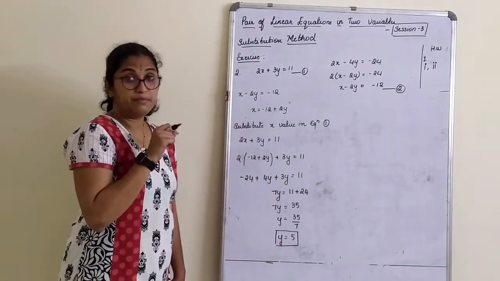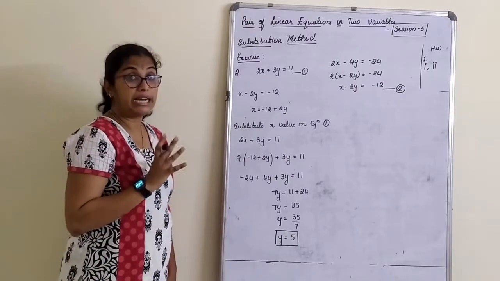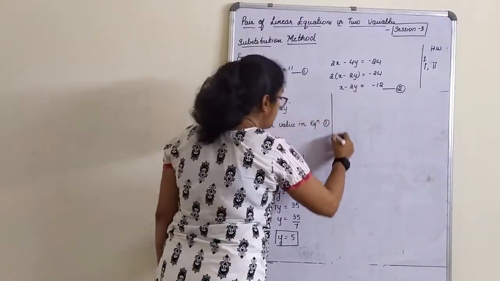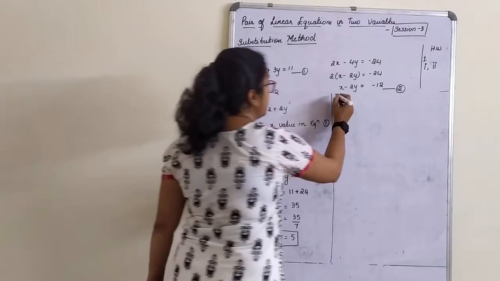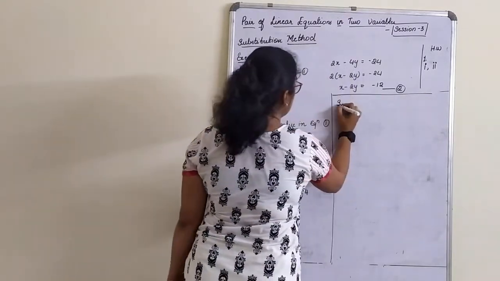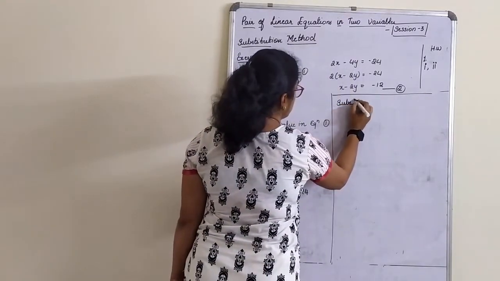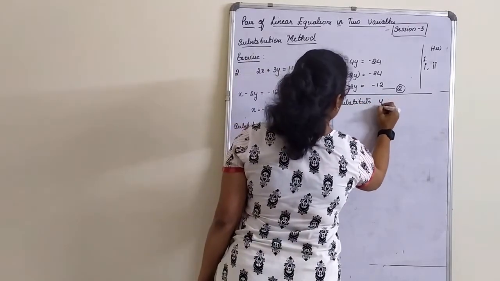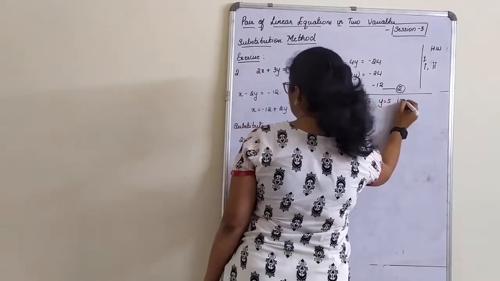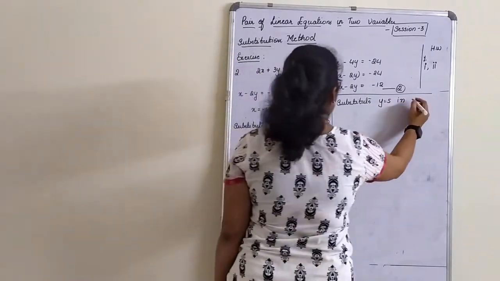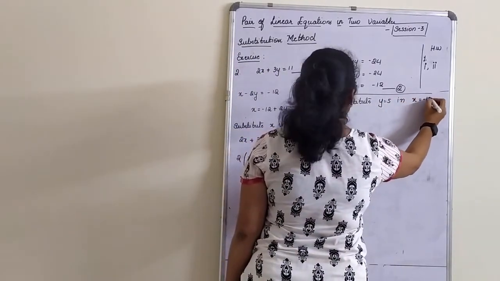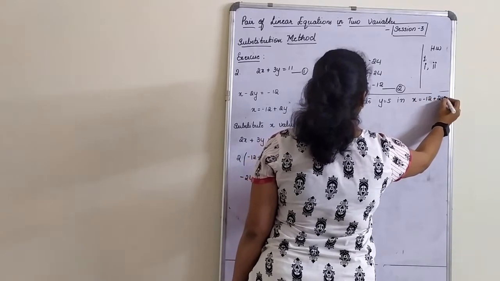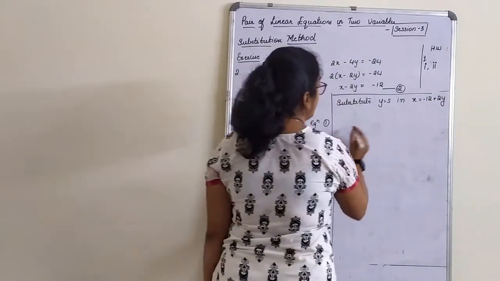Every x and y I am putting in a box so that it is highlighted. Now what do we have to do? Find the value for x. Substitute y is equal to 5 in x is equal to minus 12 plus 2y.